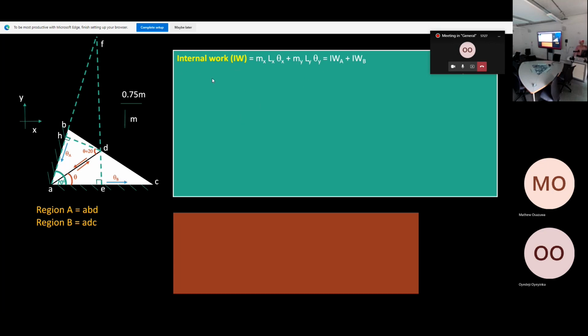So the total internal work will be the internal work of region A, this one, plus the internal work of region B, this one. Clear?